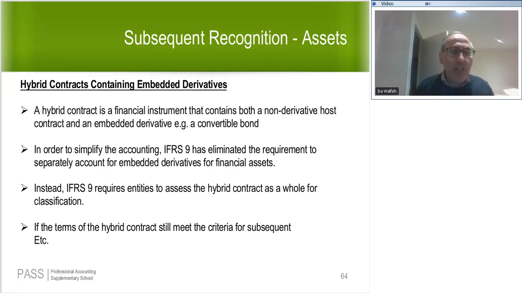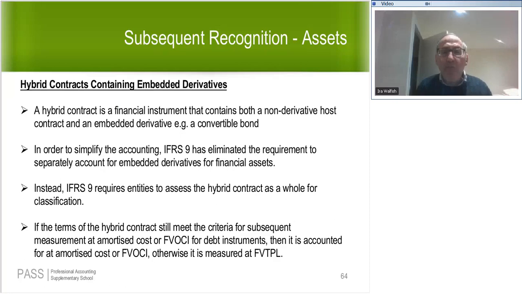We said earlier that when you issue a convertible bond, you break down your liability between debt and equity. However, if you buy a hybrid instrument, and the only reasonable example I can think of for your purpose would be a convertible bond, IFRS 9 has eliminated the requirement to separately account for the embedded derivative as opposed to the host instrument.